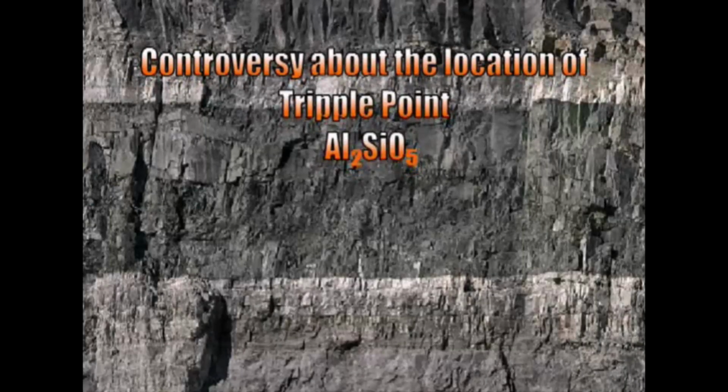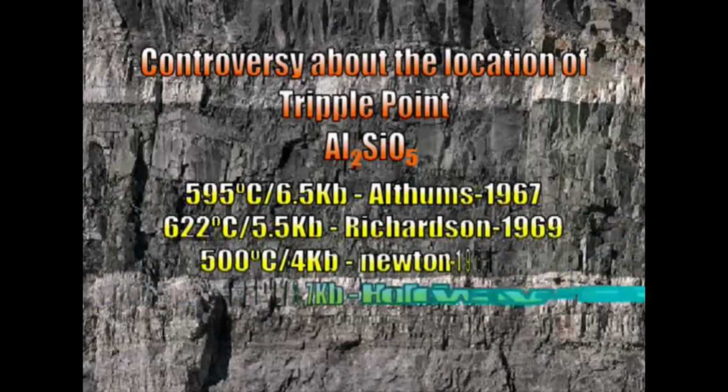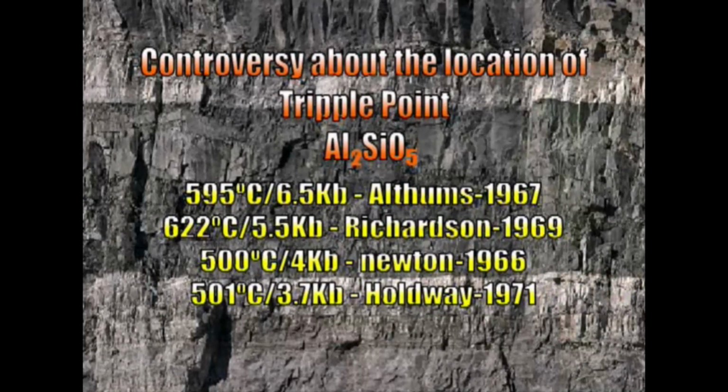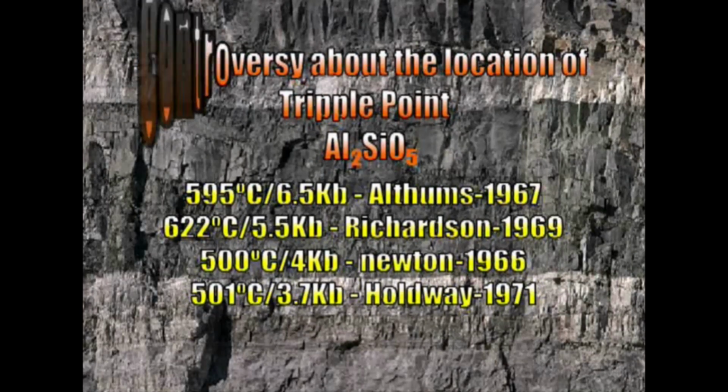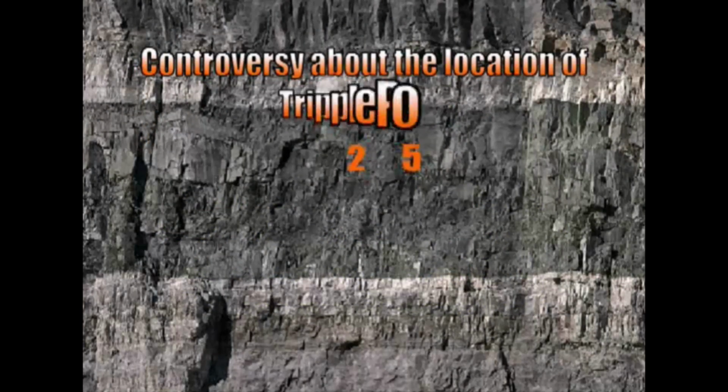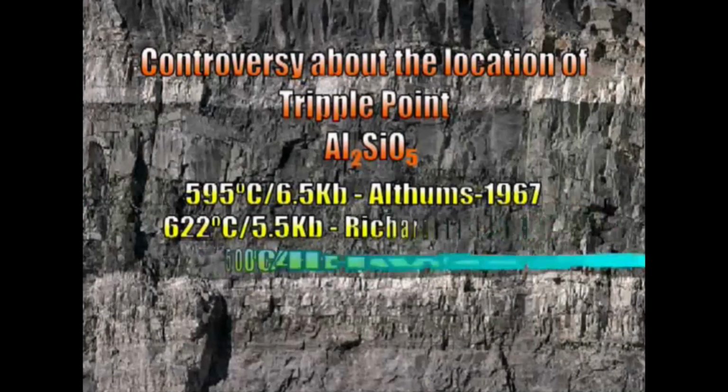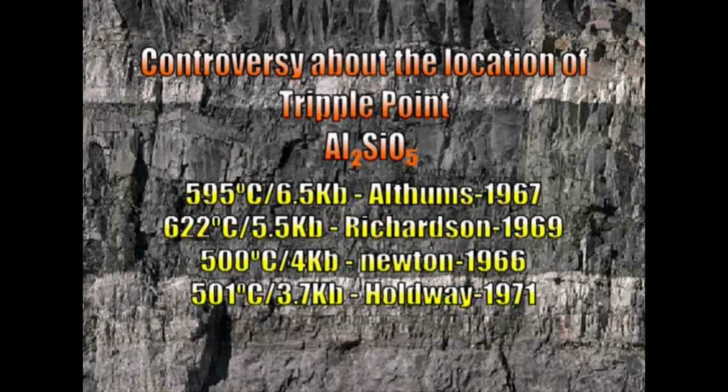Therefore, on the basis of aluminosilicate triple point given by Holdaway 1971, that is 501 degrees centigrade 3.76 kilobar, we can say the beginning of greenschist facies pressure is around 4 kilobar.